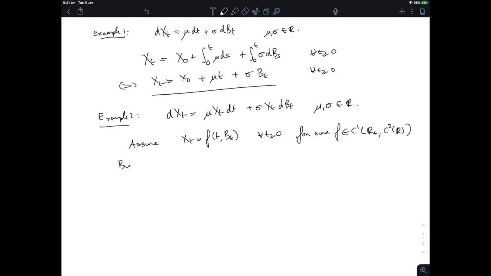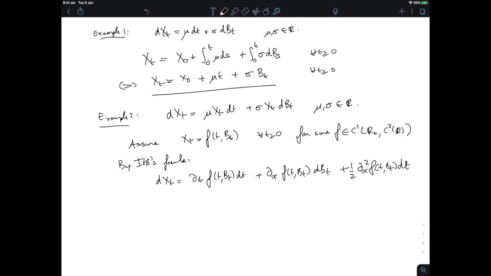Now for such a process, I can apply Ito's formula. And Ito's formula will give me that dX_t has to be d_t f(t, B_t) dt plus d_x f(t, B_t) dB_t plus 1/2 d_x^2 f(t, B_t) dt.